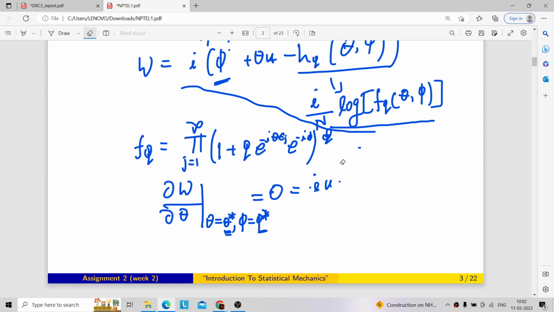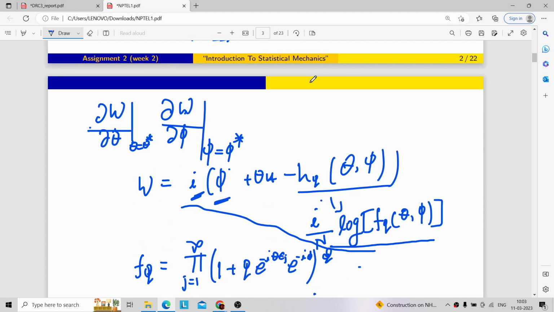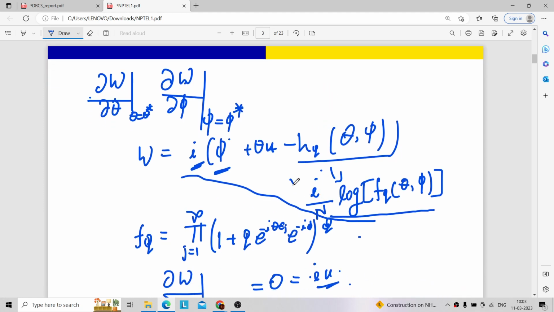Okay, so far I have I u, then I have to do the derivative of the logarithm part. So I have 1 I here, and the h function I have written as this, I over n, this logarithm.